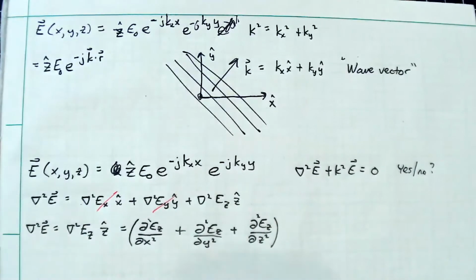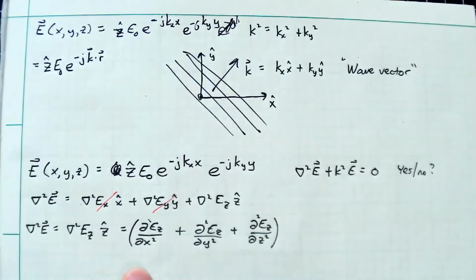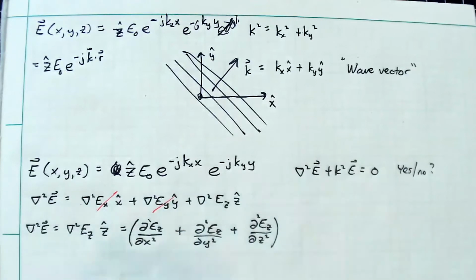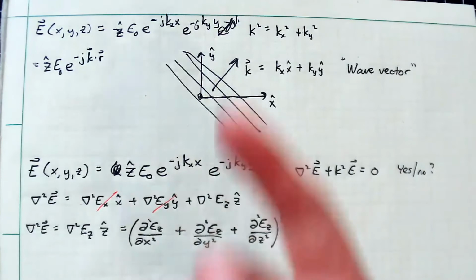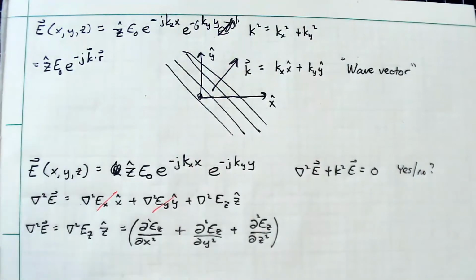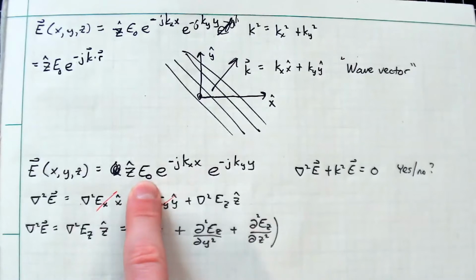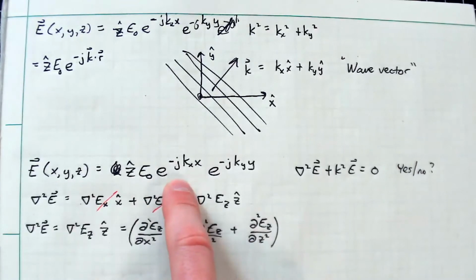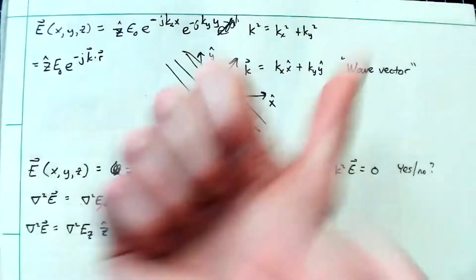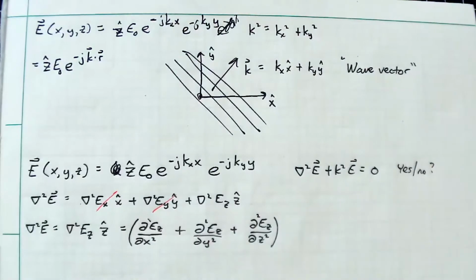So this is a lot less horrifying than it looks. It's just a bunch of partial derivatives on top of partial derivatives acting on a vector in every which direction. You just have more derivatives on top of derivatives to account for all the various components of your vector field. That's why we assume some of these simplifications, because if this is going to be true for this particular wave, then you notice we could flip-flop our coordinates and expect the same thing to be true at the end of the day.